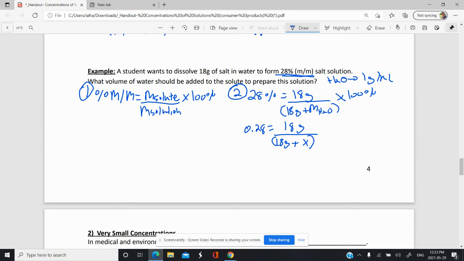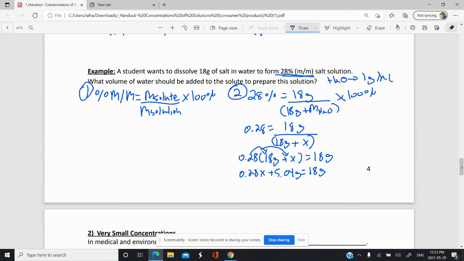So I'm going to get 0.28 times 18 grams plus X is equal to 18 grams. And we're just going to simplify here. So expand and simplify. So I'm multiplying everything in here by 0.28. So I'll get 0.28 X plus 0.28 times 18 is 5.04 grams is equal to 18 grams.